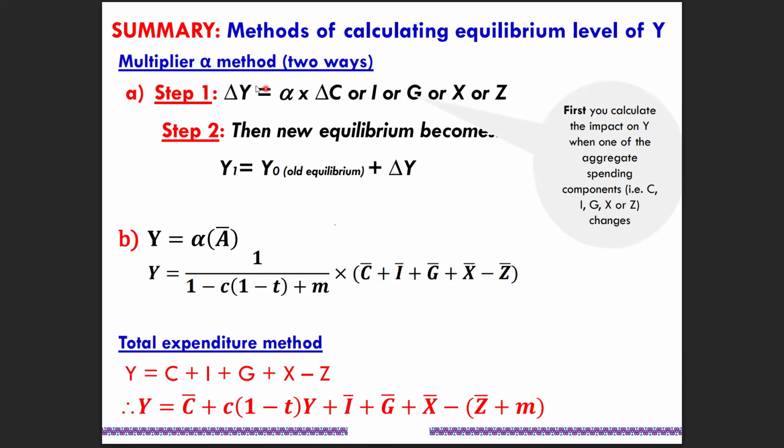But the formula is a change in income is equal to the multiplier times a change in any component of aggregate expenditure. And then number two, you take that figure that you get, which will be equal to your change in income. You add it to your old equilibrium income. So you say old equilibrium income plus a change in income, you get your Y1. Right, you get your new equilibrium income.